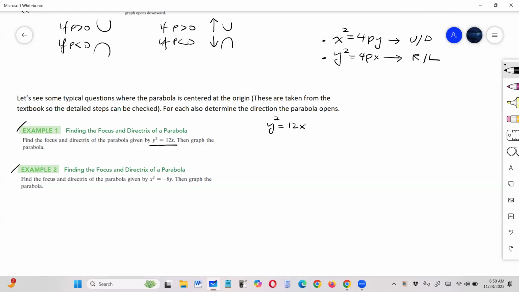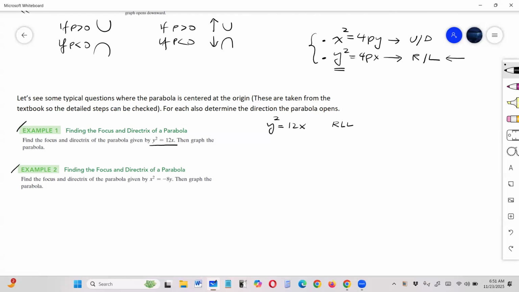So first, we identify this as one of the two cases. y squared equals 12x is the second case because I have the y squared component. That means this parabola opens right or left.